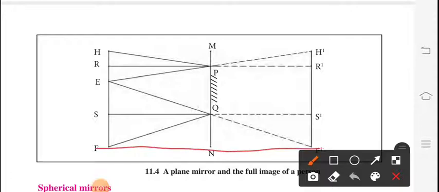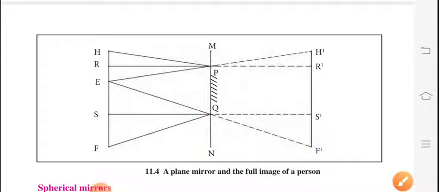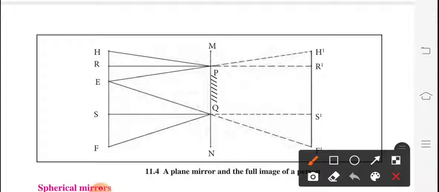Suppose there is some ground here, and at a specific height we are taking mirror PQ. Now the drawing part: draw two perpendicular lines up to this mirror from the person. This ray falls on the mirror's edge, so definitely it will come back over here, and this ray coming from the human's body falls on this point.